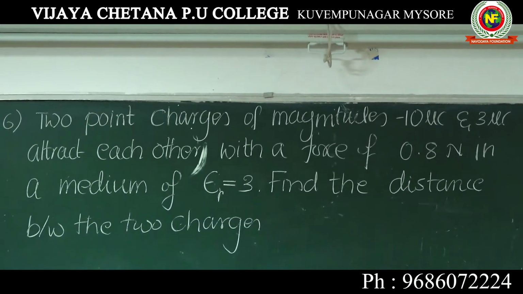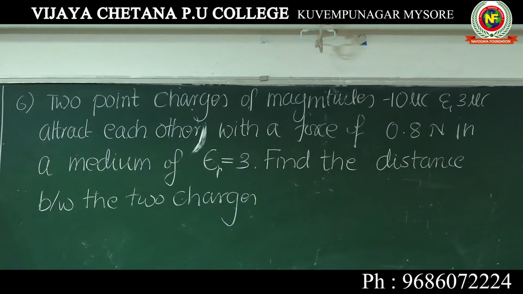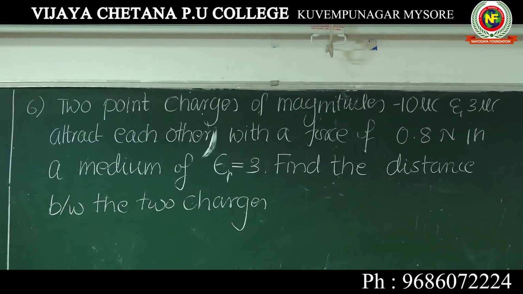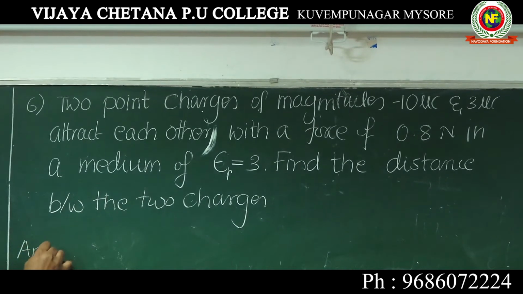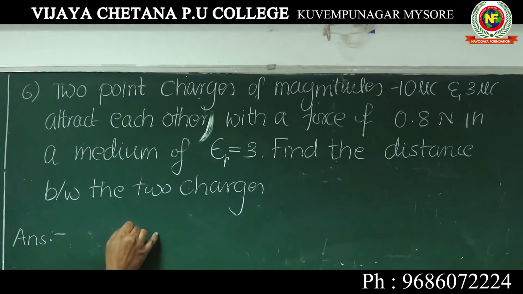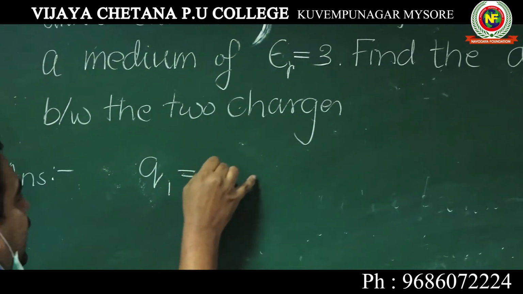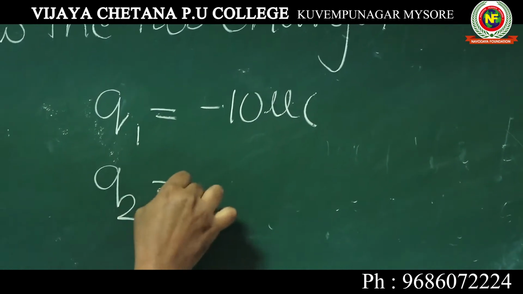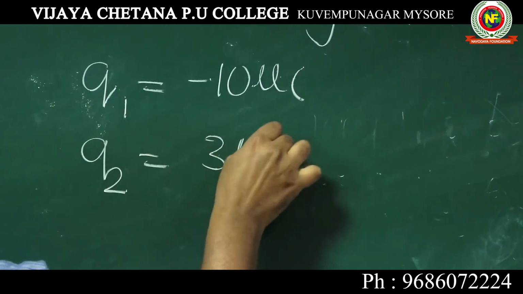Now the question is something like this. There are 2 point charges. Magnitudes are 10 microcoulomb, minus 10 microcoulomb and 3 microcoulomb. Let me write the answer here. So charge 1 is considered as minus 10 microcoulomb. Charge 2 is considered as 3 microcoulomb.